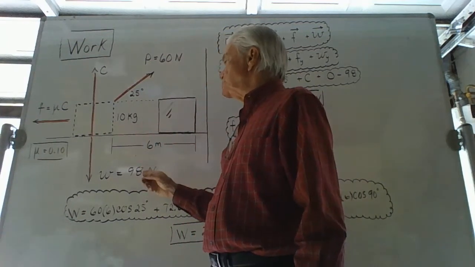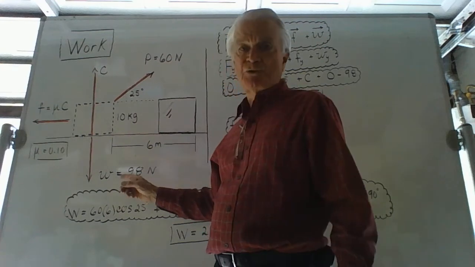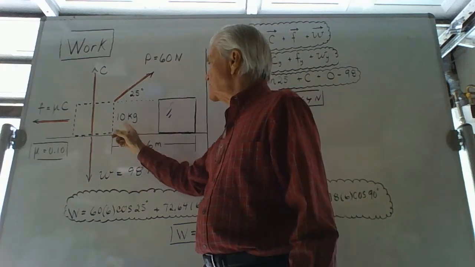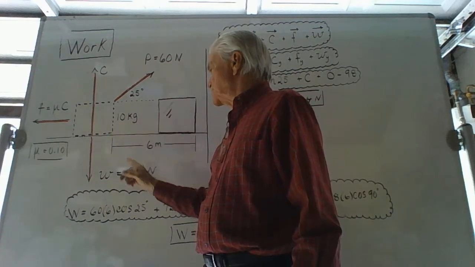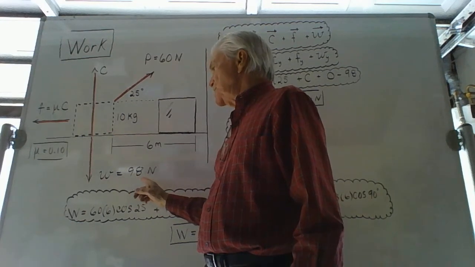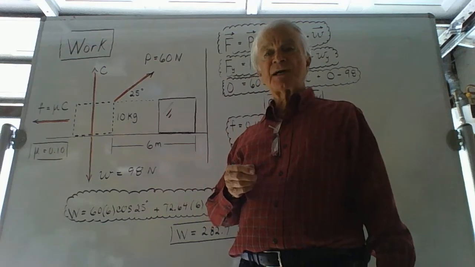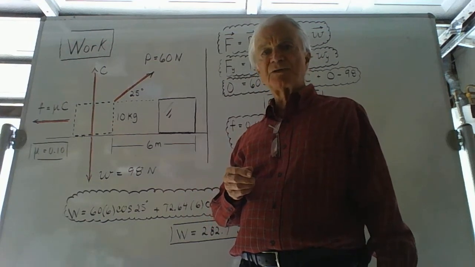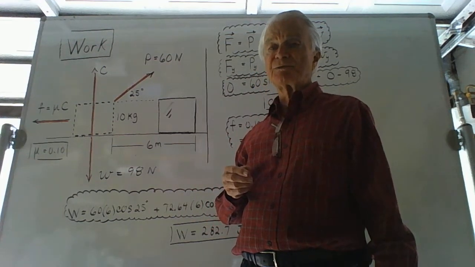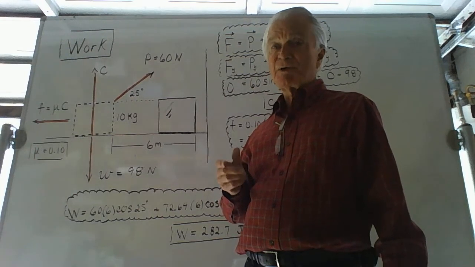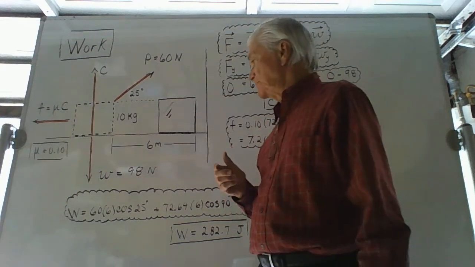And then finally there's a pull by earth, the weight, M times G. 10 times 9.8, 98 newtons. That force acts in a direction that is at an angle of 90 degrees with respect to the positive x-axis, with respect to the direction of motion, in other words.